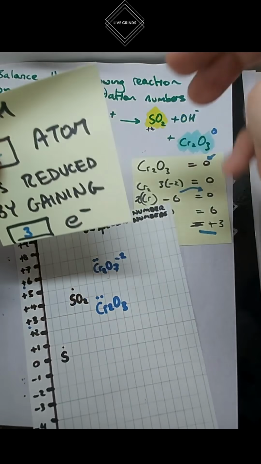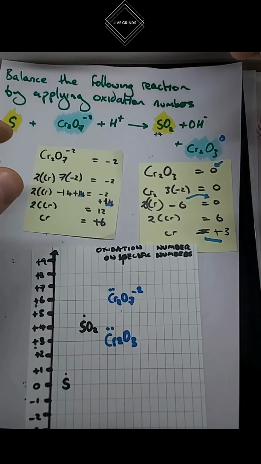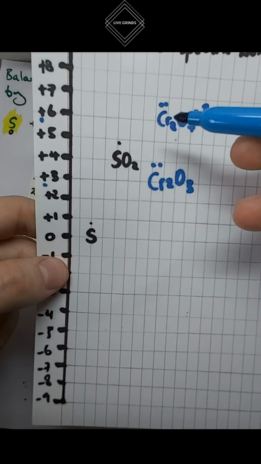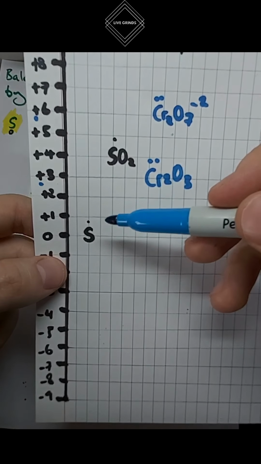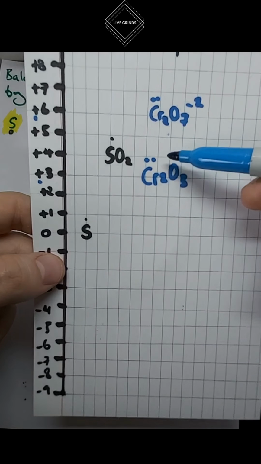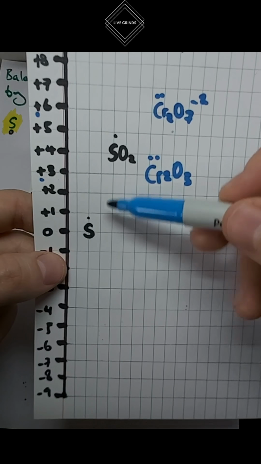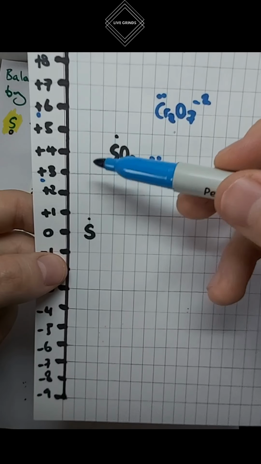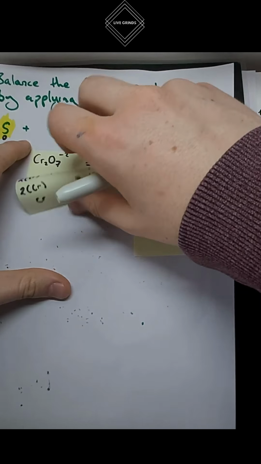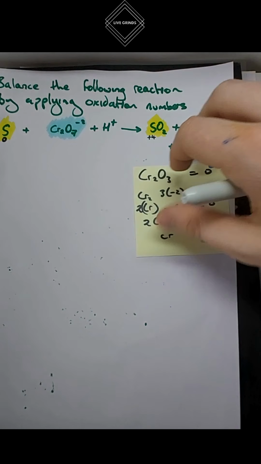So I have my 2 setups now, and those are the differences. This oxidation number is going down, it's being reduced, and this one here is being oxidized. Each chromium atom is being reduced by 3 electrons. Each sulfur atom is being oxidized by 1, 2, 3, 4 electrons, right? And we're going to come back to that in a second. So I can move these oxidation numbers out of the way.